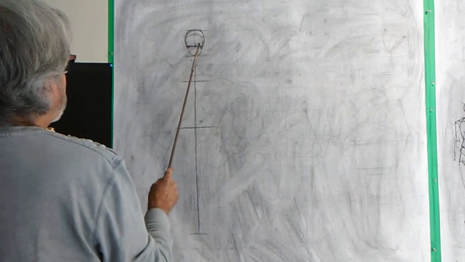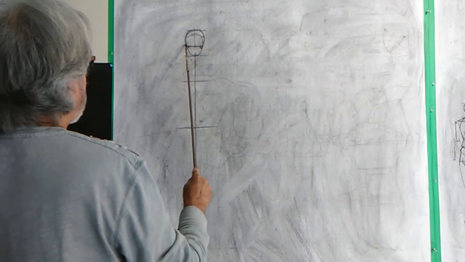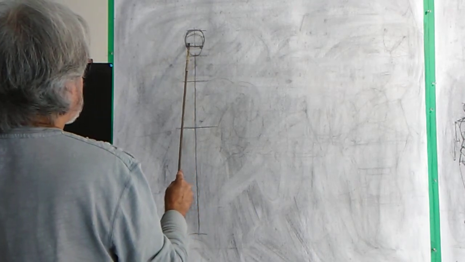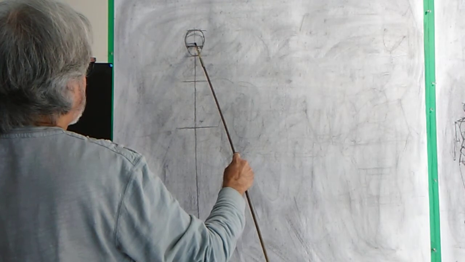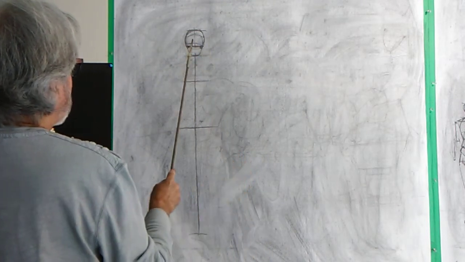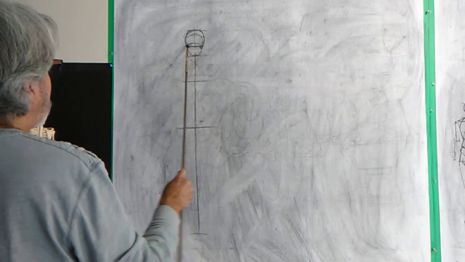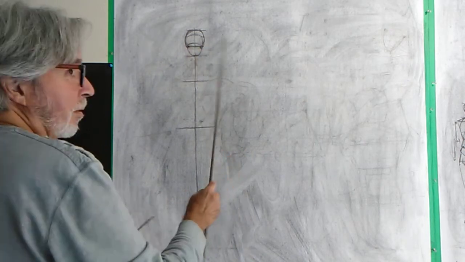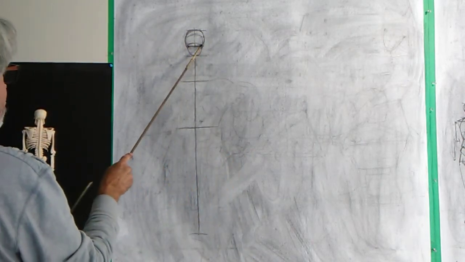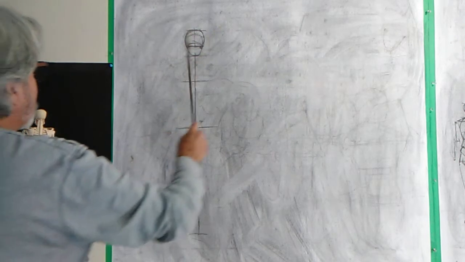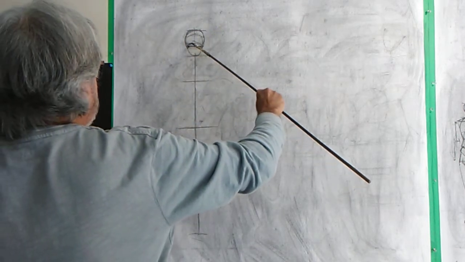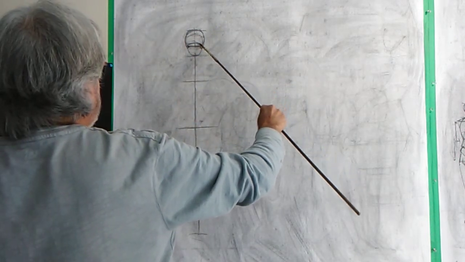Okay. Underneath this skull, there's a bottom plane that's going to look like this. There's a curve here. So as I make this curve, there we go.